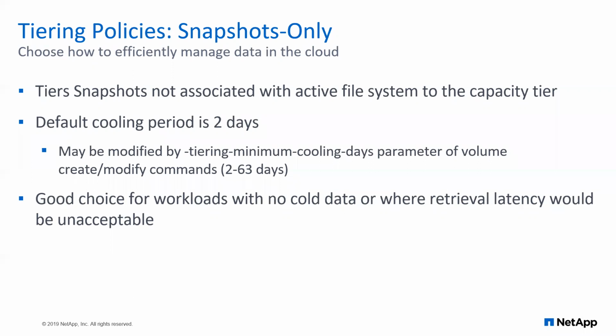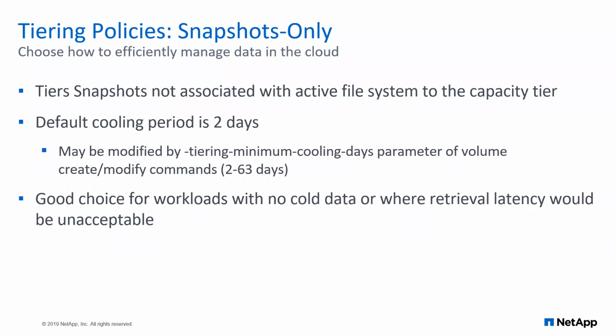Anyway, so the snapshots only tiering policy is a great choice for workloads where there are either no cold data or where retrieval latency would be unacceptable. I'm going to talk about that a little bit later in the presentation, but do just keep in mind that when you're moving data from the capacity tier to the performance tier, it's going to add a little bit of latency.